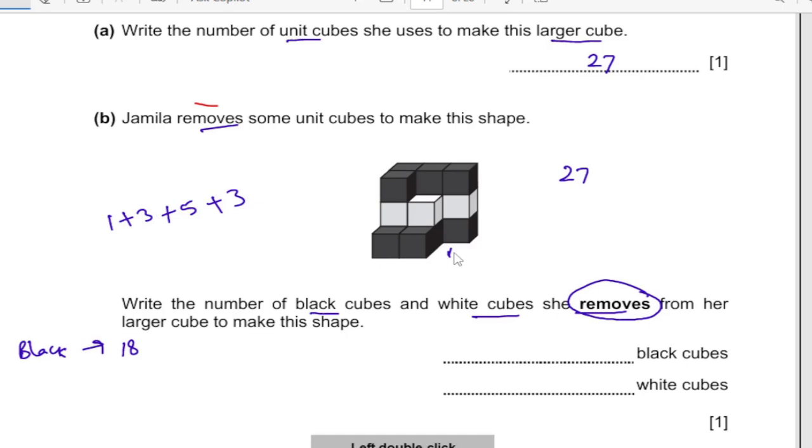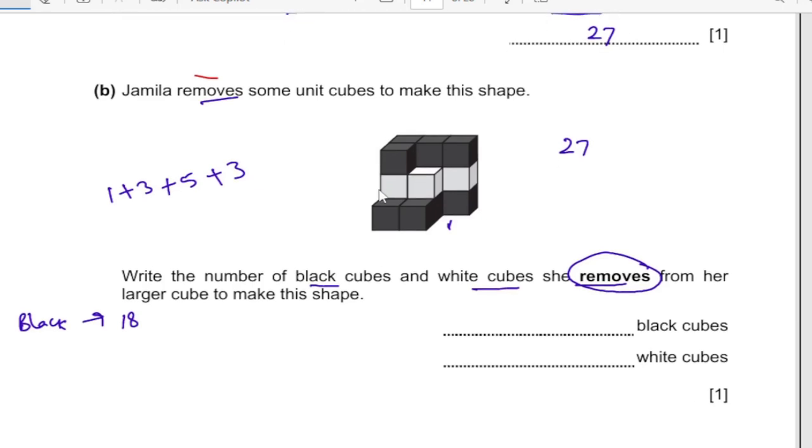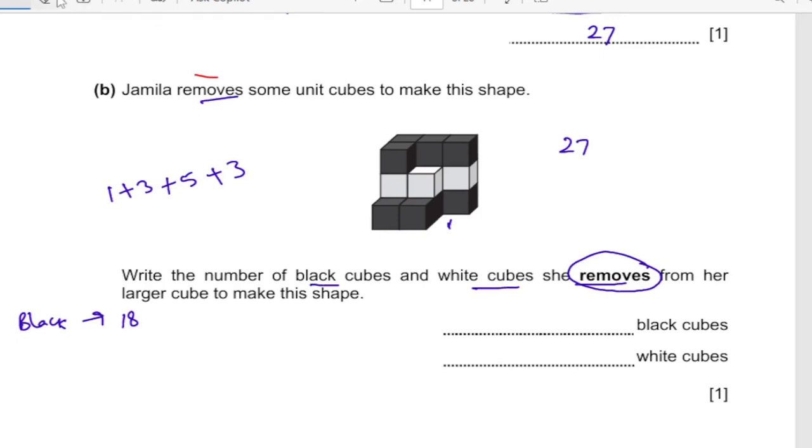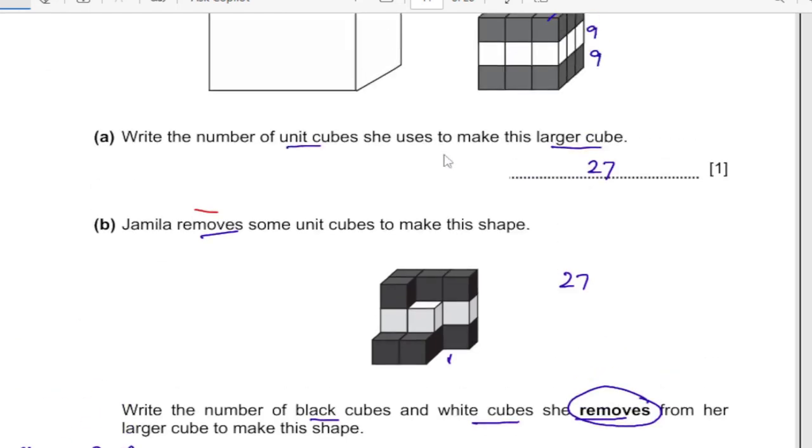So 1, 2, 3, 4, 5, 6, 7, 8, 9, 10, 11. So in total it is 11. You have to use your imagination technique here.